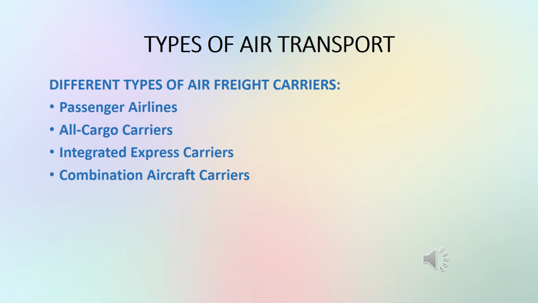Lastly, for the combination aircraft carriers, carriers that have both passenger and freighter aircraft in their fleet are known as combination aircraft carriers. I will give an example, which is Lufthansa and Emirates.